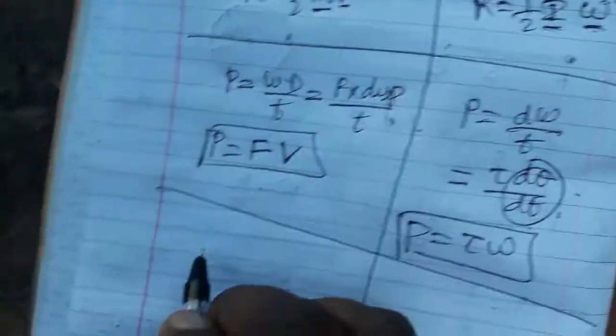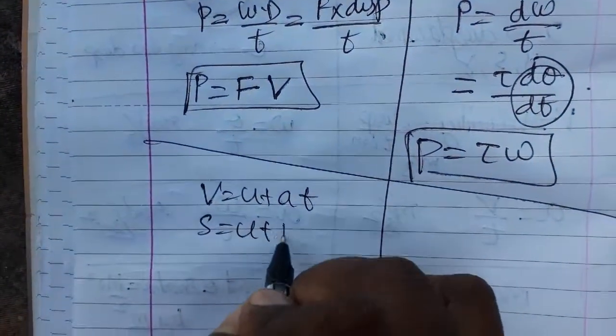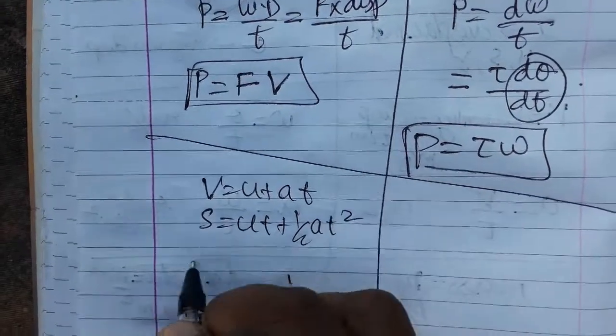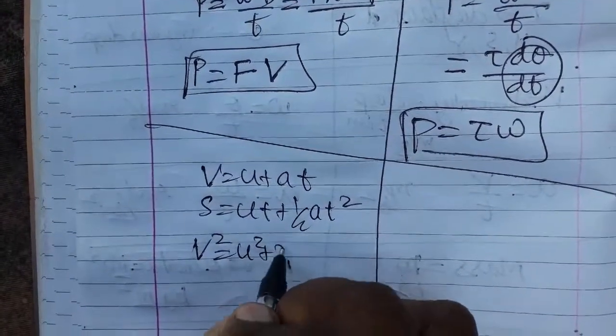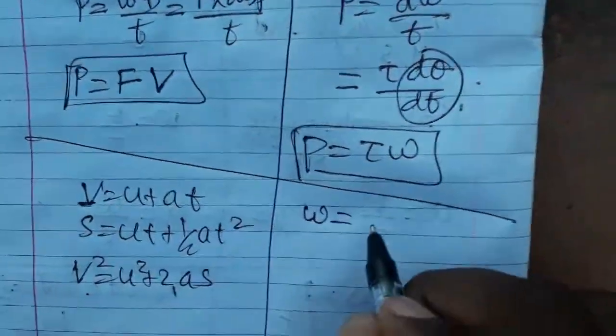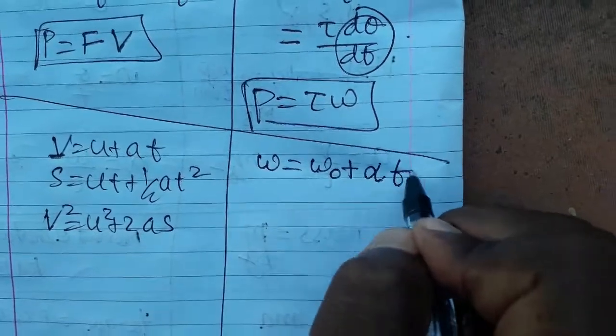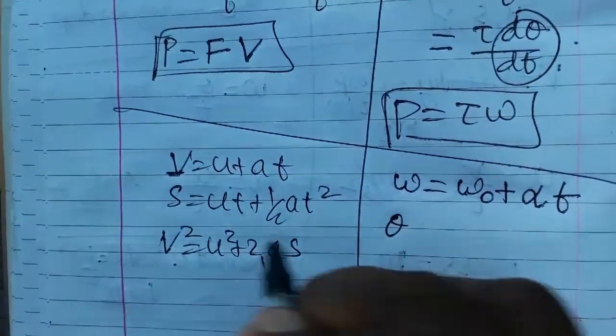Next, equations of motion: v is equal to u plus at, s is equal to ut plus half at square, v square is equal to u square plus 2as. But the same thing, v we take as omega, u we take as omega naught, a we take as alpha, t is the same, and s we take as theta.